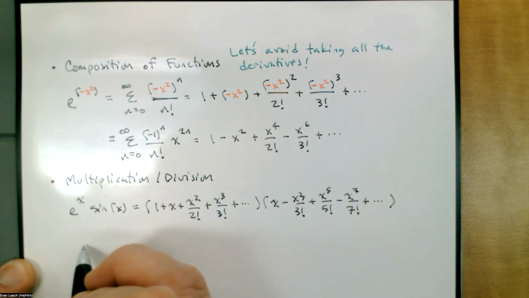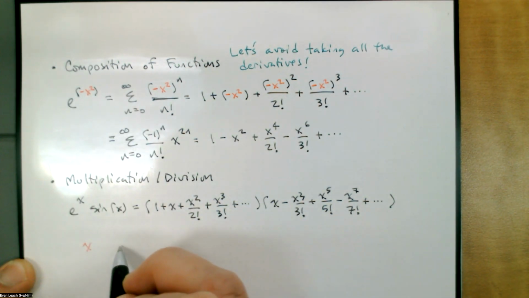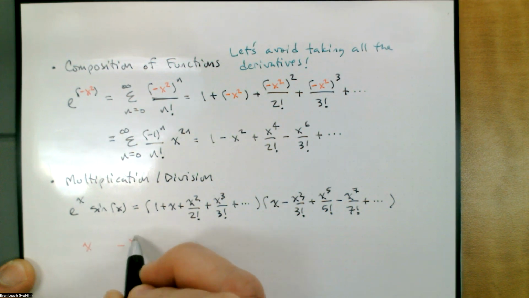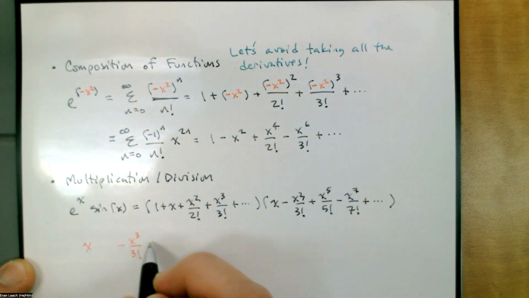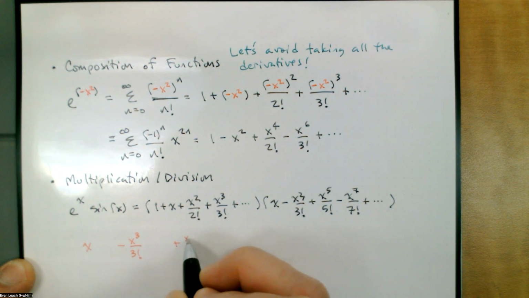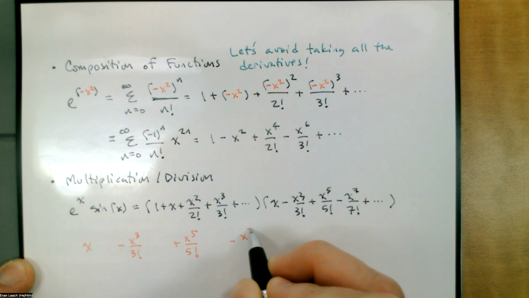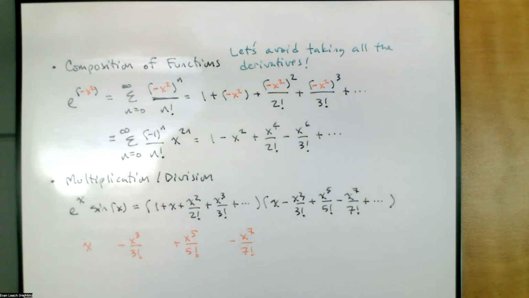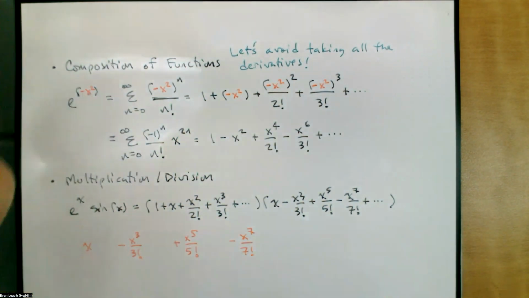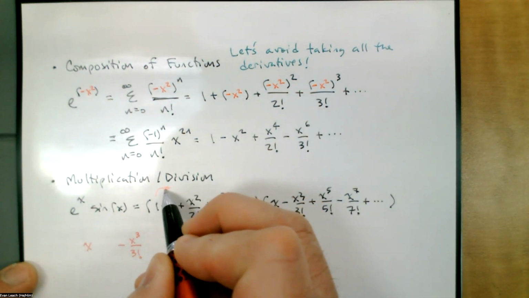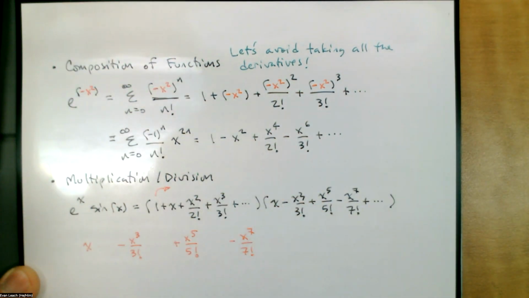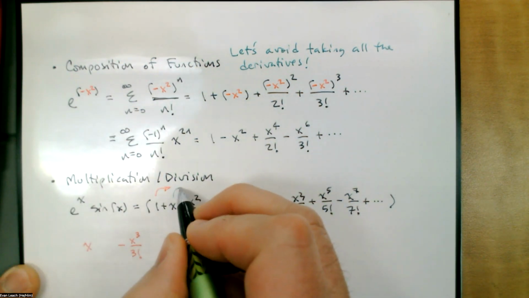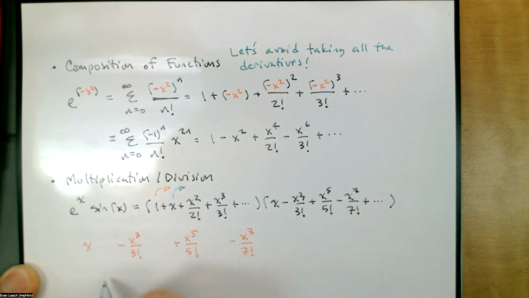So 1 times x is x, then minus x cubed over 3 factorial, leave a space, plus x to the 5th over 5 factorial, leave a space, minus x to the 7th over 7 factorial. I've already gone way farther than I intend to. So that's just multiplying everything by 1. Now we'll multiply everything by x. x times x is x squared.